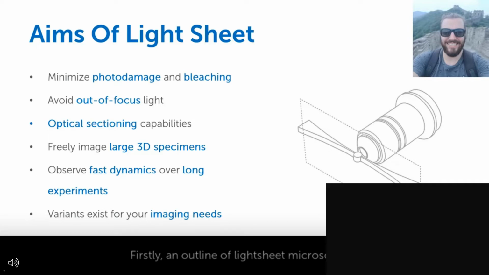Firstly, an outline of light sheet microscopy. The concept here is to minimize photodamage and bleaching. If your sample is exposed to very high intensities of light over the long term, it can cause a lot of negative effects. Light sheet also avoids out of focus light, often seen in wide field techniques. It can optically section 3D specimens, which is seen also in confocal technologies.